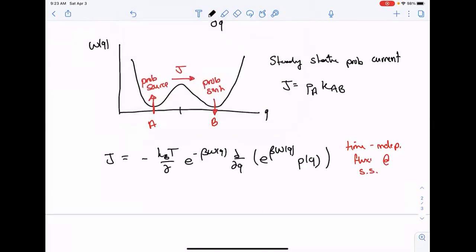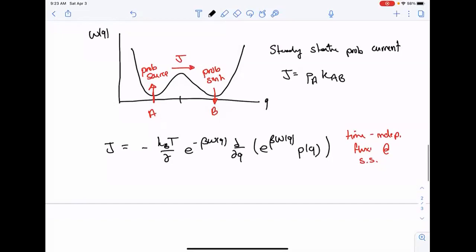So I've turned this dynamical problem into a simple boundary value problem. I have boundaries in A and B that will determine that flux. And this is a first order differential equation that I'll have to manipulate in order to solve for that flux.